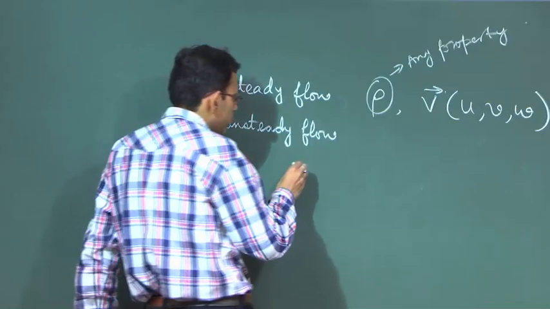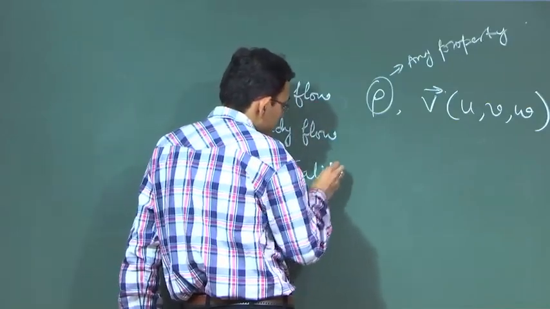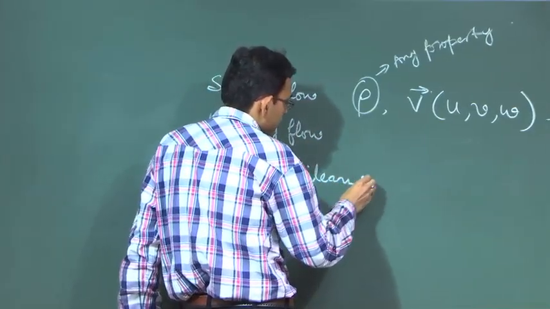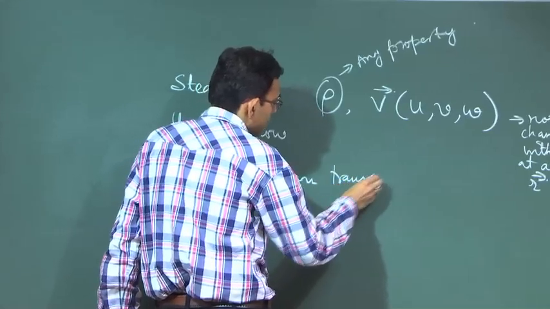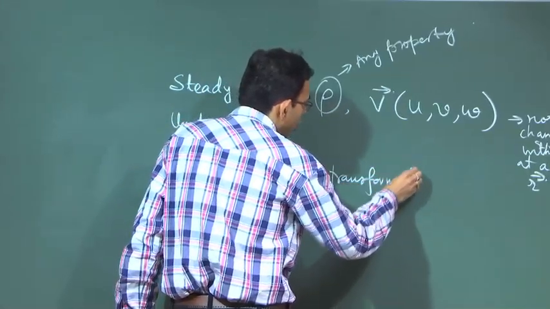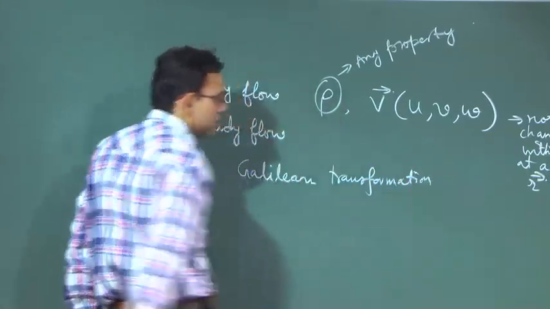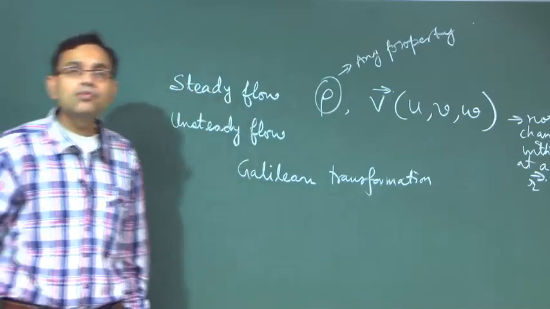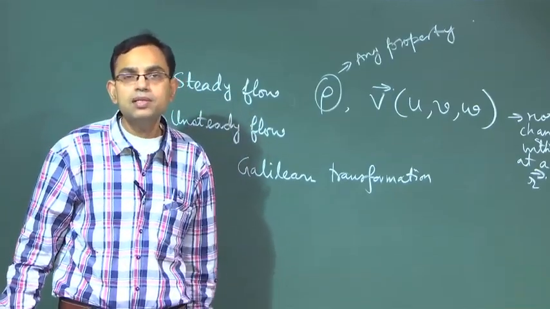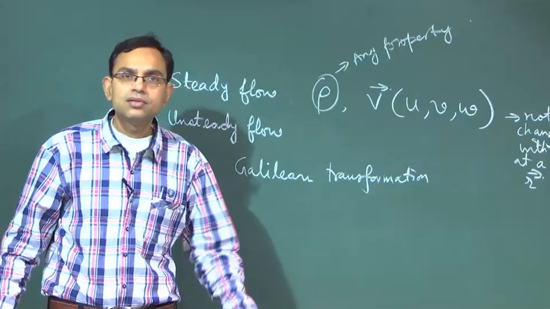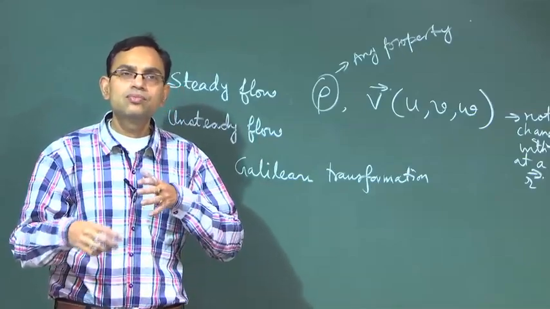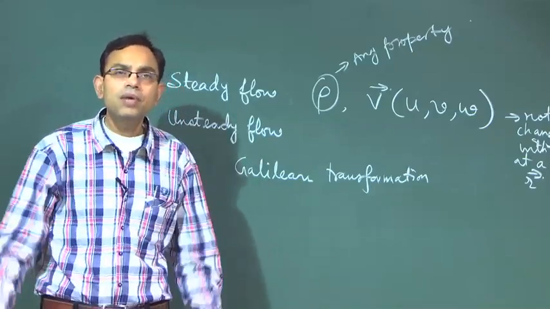So I am writing it down. All the basic laws of motion must be invariant with Galilean transformation. That means the laws should not change as you make this transformation.